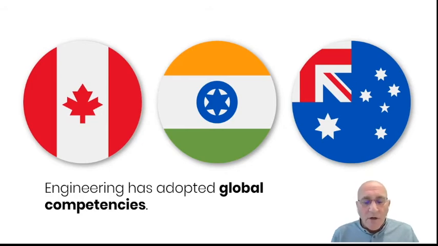They've now, every engineering education unit is now mapping to 11 graduate attributes, identified global competencies. This same activity has gone on in other countries as well. US, EU, Australia, UK, New Zealand have all adopted some version of global competencies for engineering.